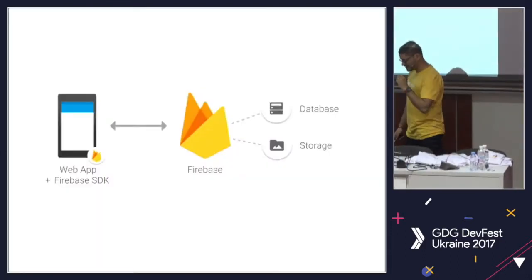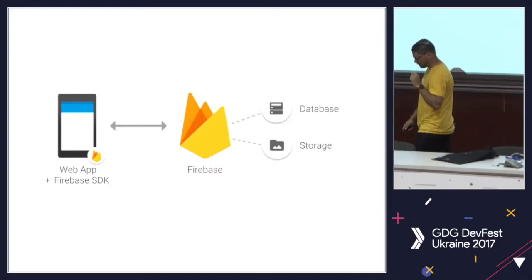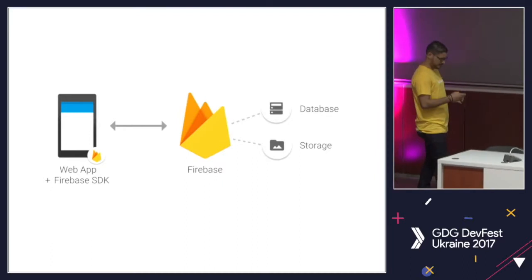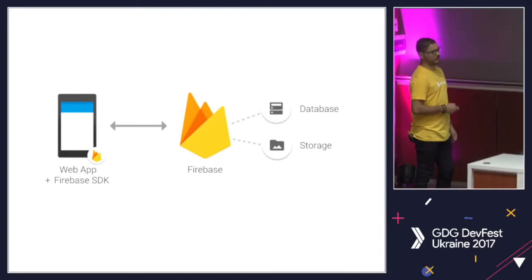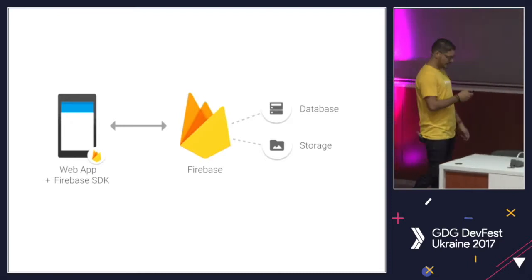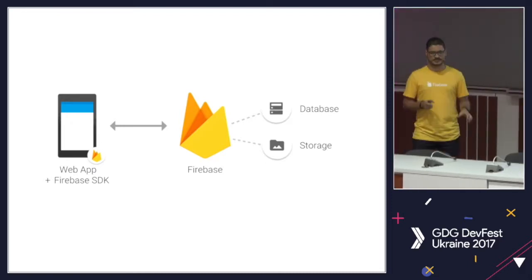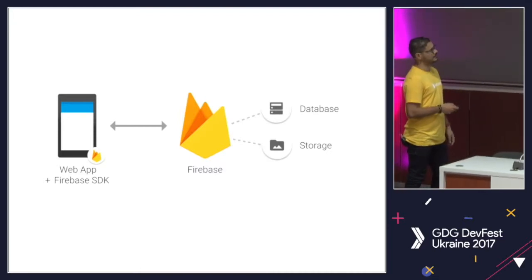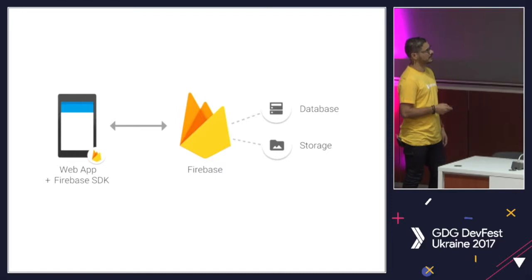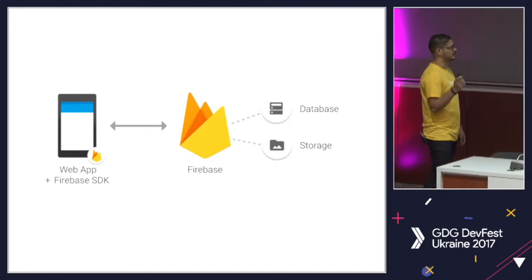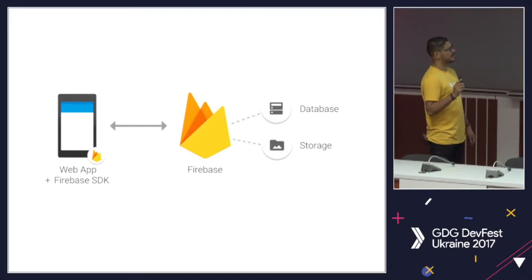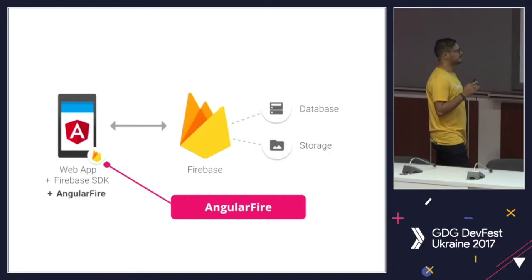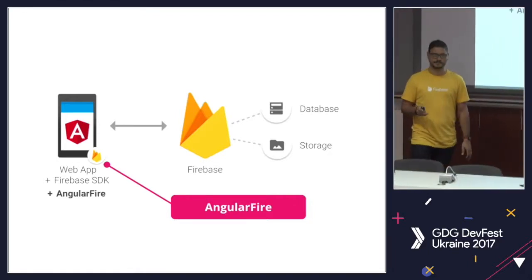Okay. So think about this. This is how we work with Firebase for web. Basically, we have our web app or mobile web app, right? And the Firebase SDK, it's JavaScript, okay? So we integrate with Firebase and the products that Firebase has. So we have database, storage, and others. But when we are talking about Angular apps, what we do is use AngularFire, okay?